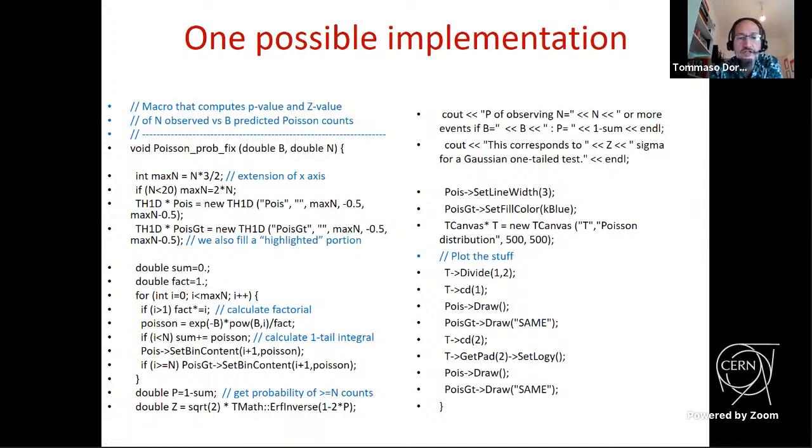These are the factorial terms for i equals 0, 1, 2, 3, 4, and so on. You sum these numbers if they are less than n, and then you fill these histograms, Poisson and Poisson GT, with set bin content. At the end, you compute the p-value as 1 minus the sum, and the z-value with the inverse error function. Then you dump the results.